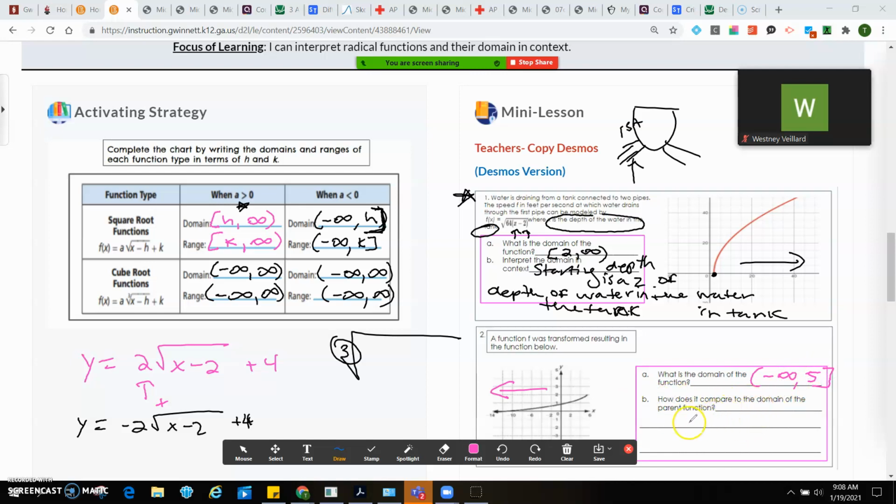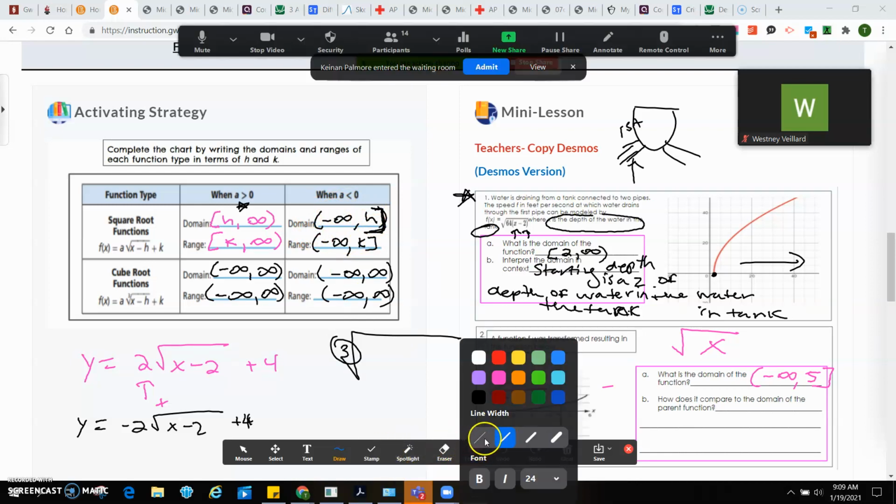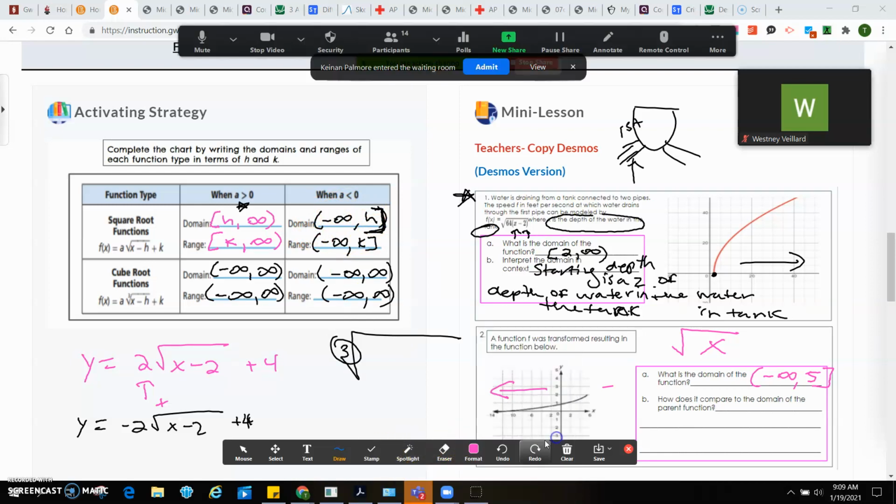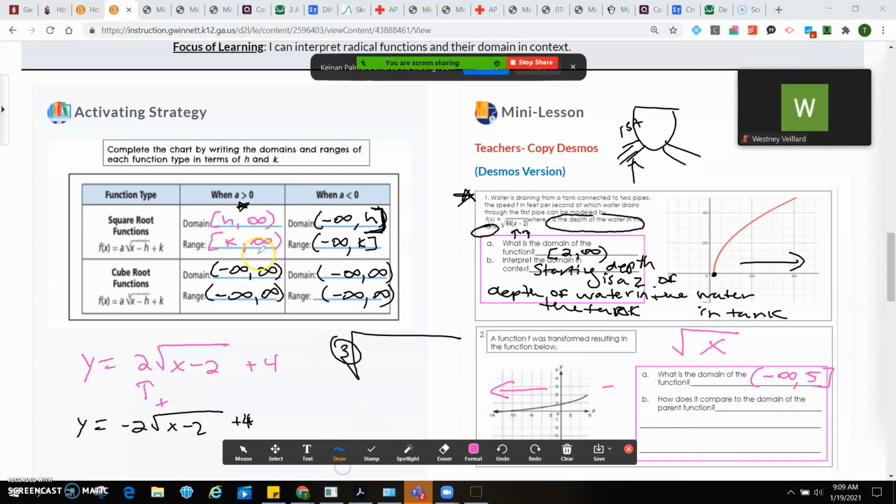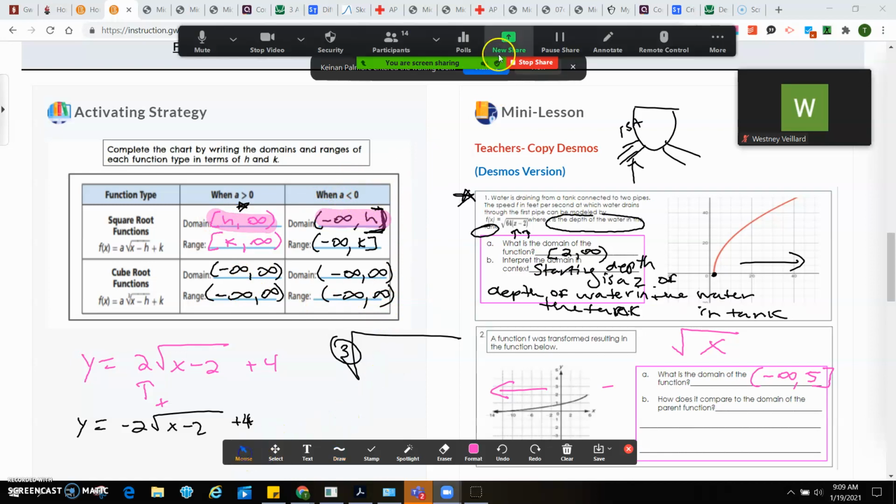Now, how does this compare to the domain of the parent function? Well, let's think about it. Remember, our parent function is the square root of x. So this obviously has a negative out front, so it's flipped. So looking back over here, our domain is now flipped because our a is less than 0.